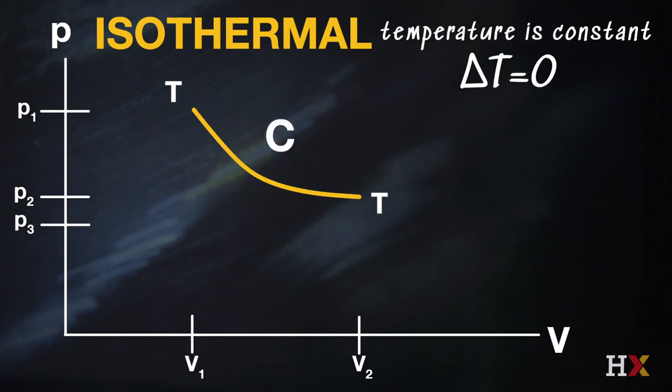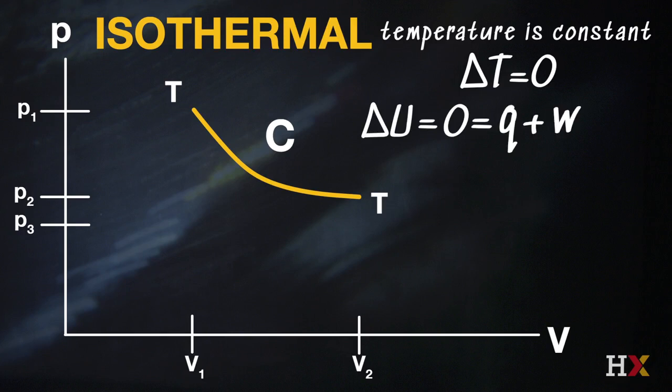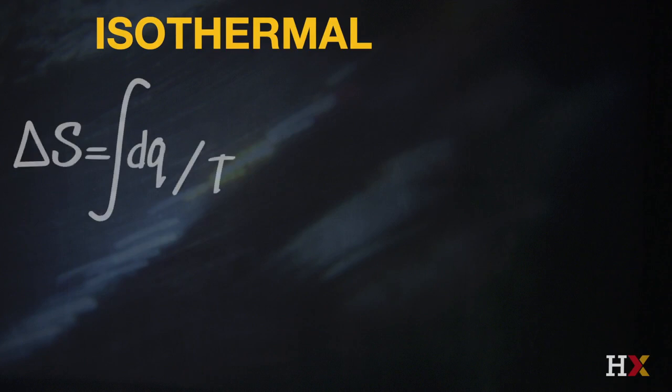And the isothermal pathway with delta T equals 0 means that delta U is equal to 0, but delta U is equal to Q plus W. So Q is equal to minus W. So when we calculate the change in entropy, that's going to be equal, as it always is, to dQ along that reversible pathway divided by the temperature.